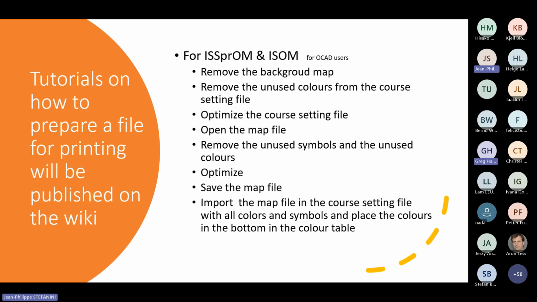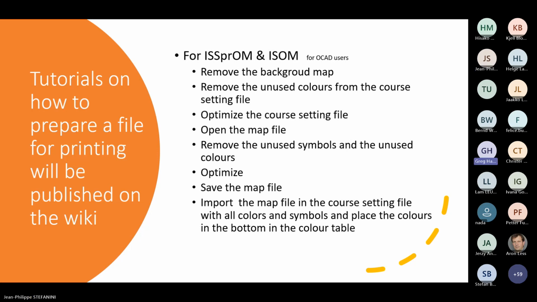So last year, I think Christer presented a video for a forest map, on how to print a forest map. And so the same one will be on the wiki for the sprint maps.